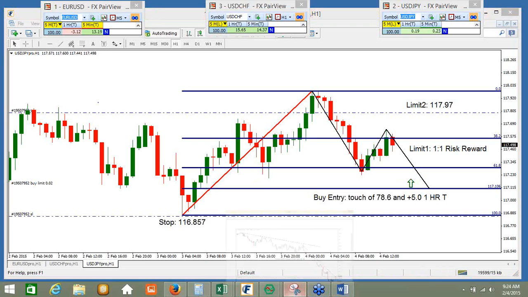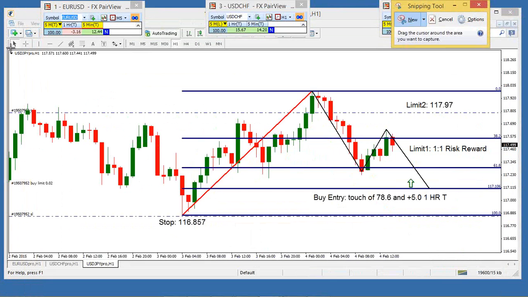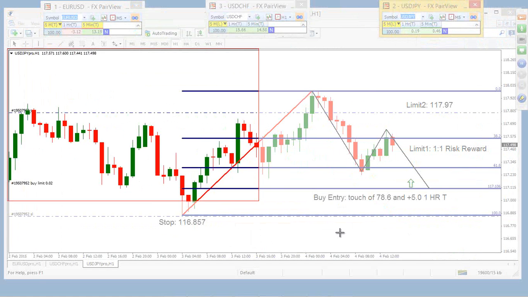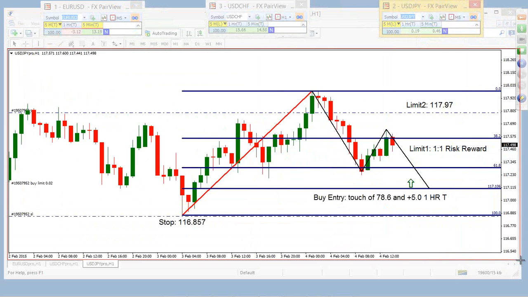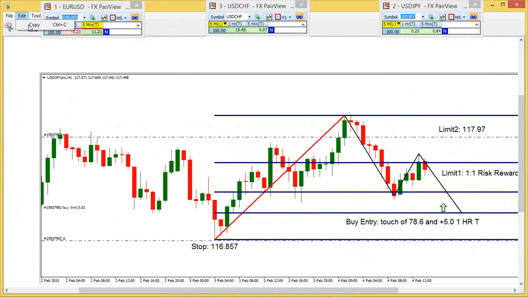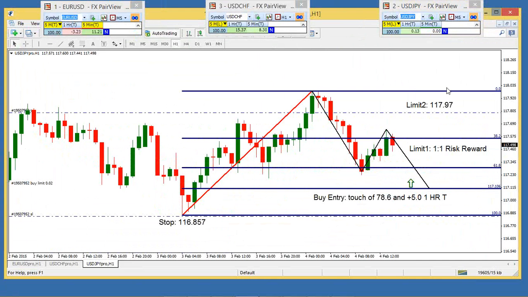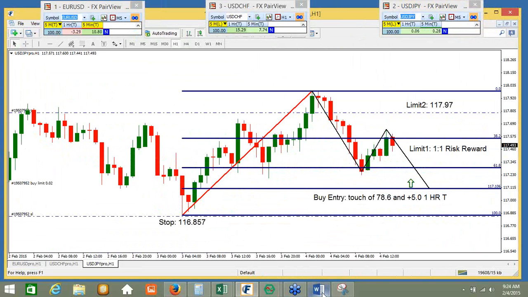All right, so I'm going to go in here, click new, put this up here. And this will be part of our trading scenario for today. So we'll be looking at that one as a potential swing trade for today.